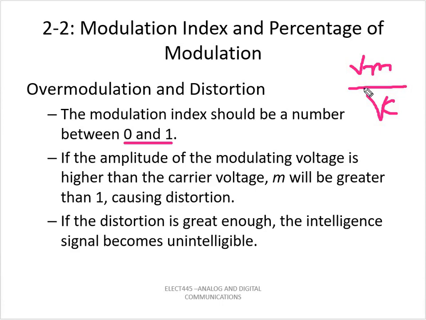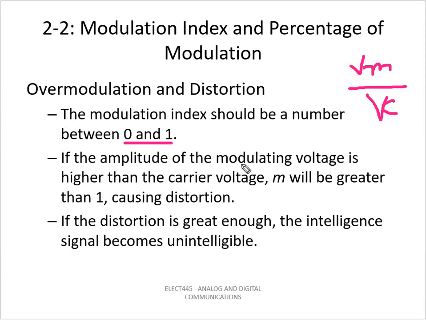So of course it can never be more than 1, and if the amplitude of Vm is 0, then of course we get 0. So the modulation index value should be between 0 and 1. If the amplitude of the modulating voltage is higher than the carrier voltage, then m will be greater than 1.